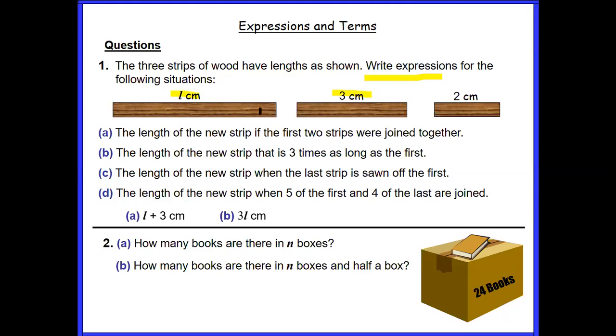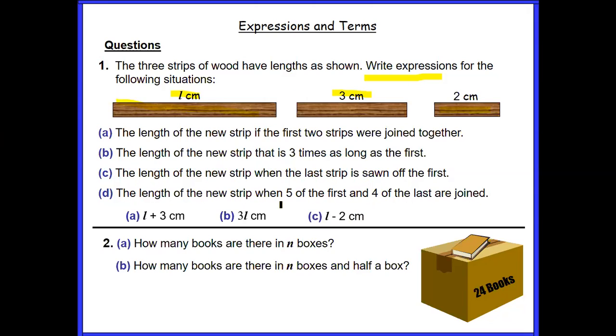If I have this strip of wood, and then this part is sawn off, that would be L minus 2 centimeters. Sawn off means cut off.